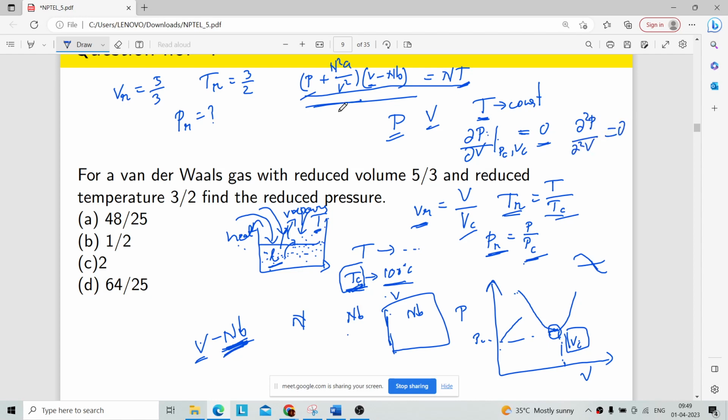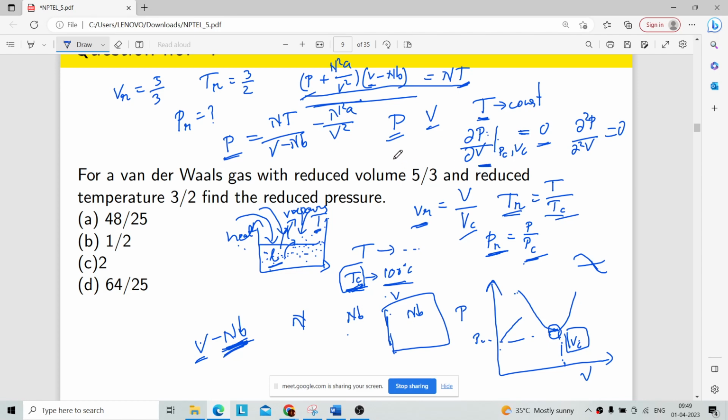So I can find an equation in terms of P. From this equation I will get P equals NT over V minus NB, minus N square A over V square. Now I have to do the derivative with respect to V.